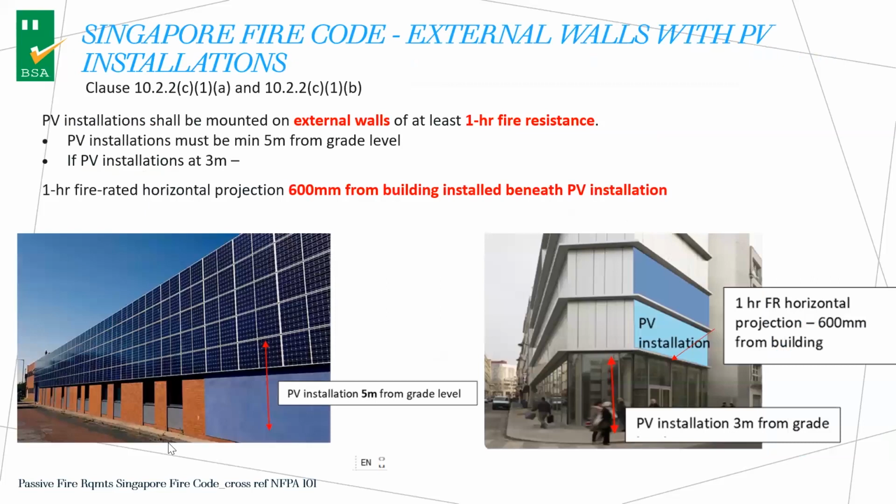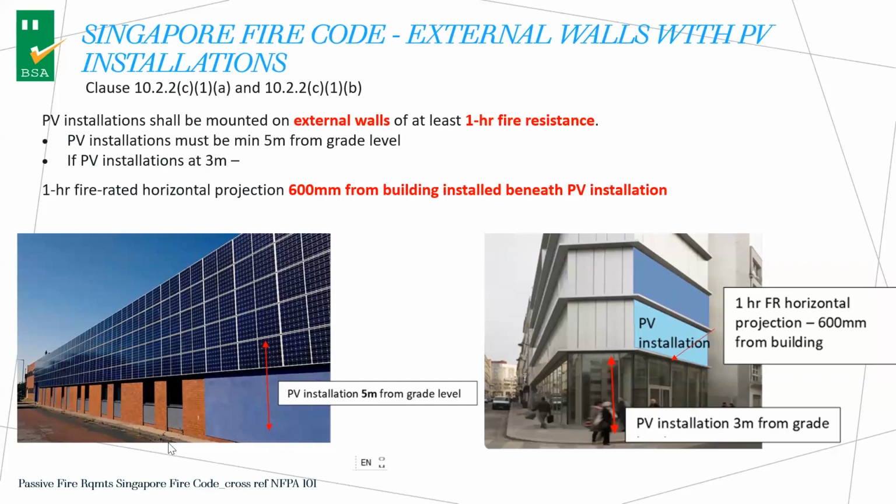Now we talk again about the external wall. It's getting very popular: solar panels, right? Solar panels are now even used on the external vertical wall of a building. I don't know whether this is popular in Thailand or not, but it's getting very popular in Singapore because we are pushing for net zero, I think by 2030, if I recall correctly.